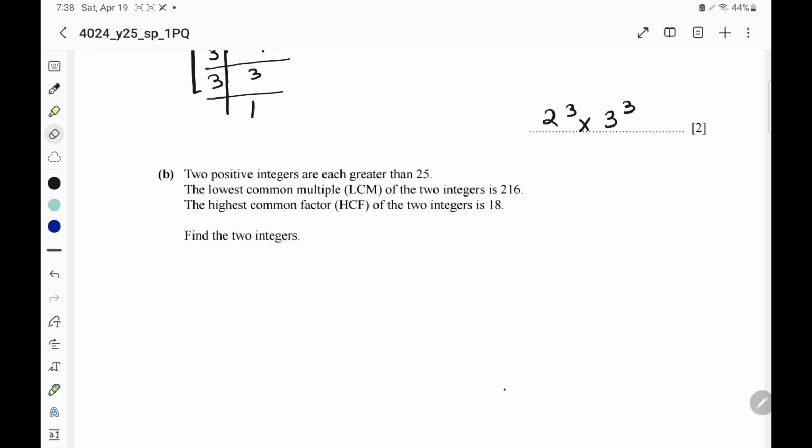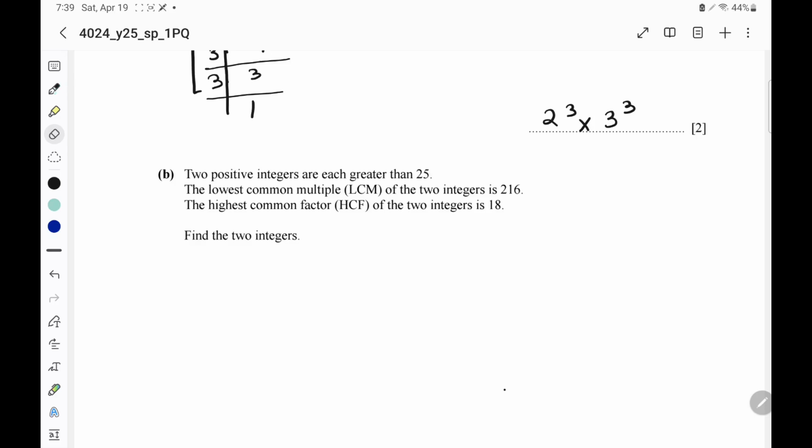Alright, so part B: 2 positive integers are each greater than 25. We'll have to find out those integers. The lowest common multiple, LCM, of the two numbers is 216, and the highest common factor, HCF, of the two integers is 18. Find the two integers.